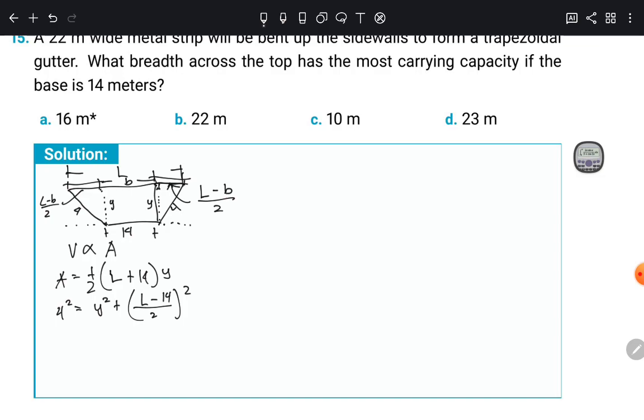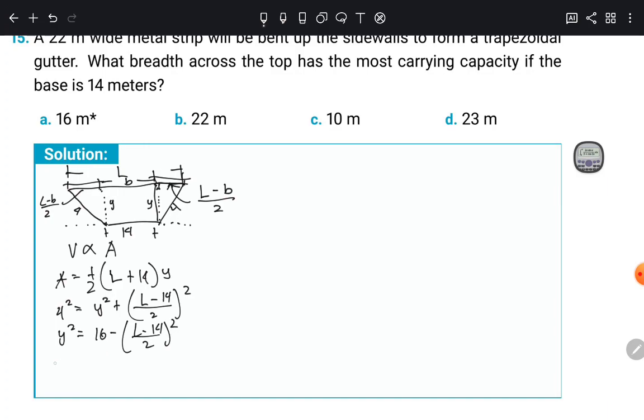So we have an equation now that relates Y and L.